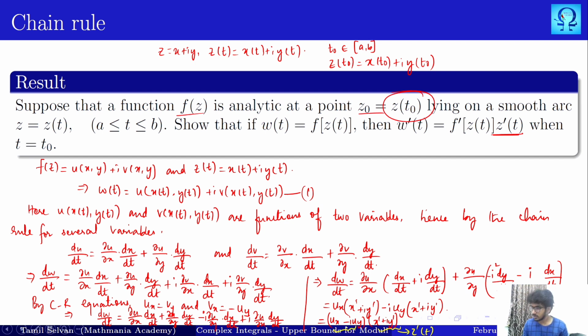So just check with the sufficient condition for differentiability. If it matches with the requirement, then we are done. If not, I think we have made some calculation mistake somewhere in between that we'll have to check. Just a minute, I'm working on it.